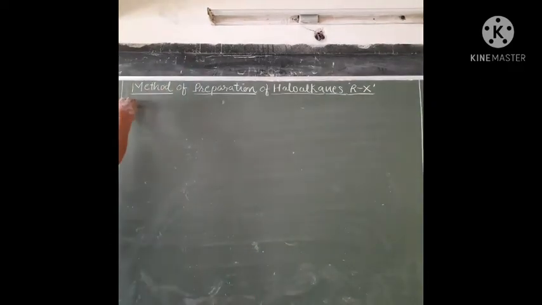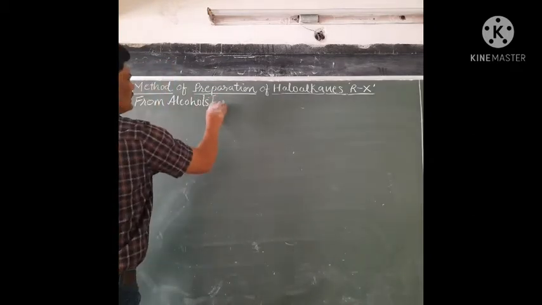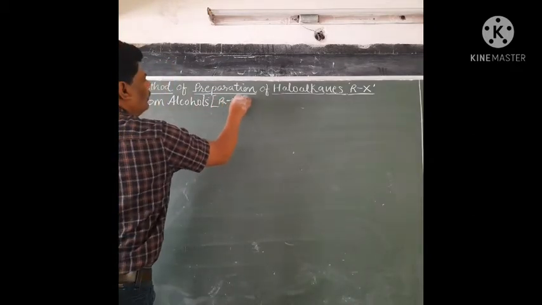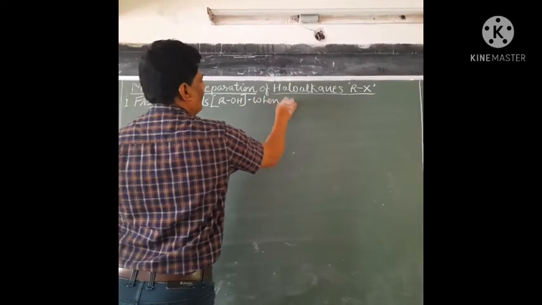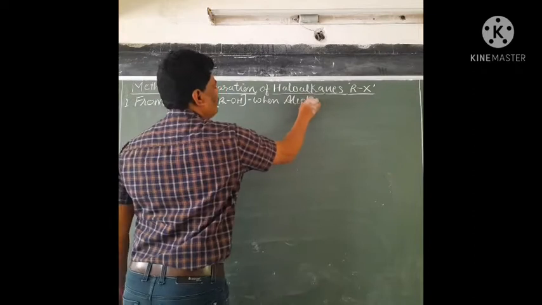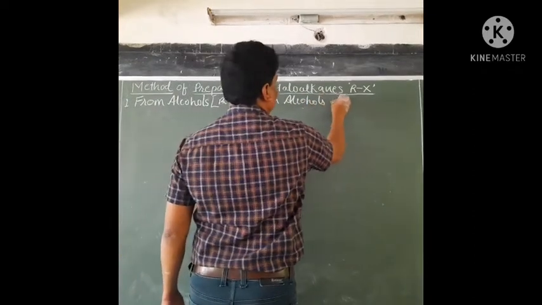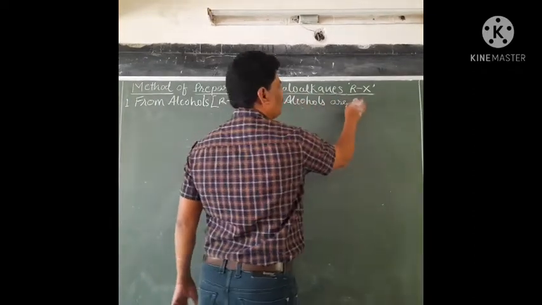So the first method is from alcohols. Alcohols, that is ROH, where alcohols are of different types.